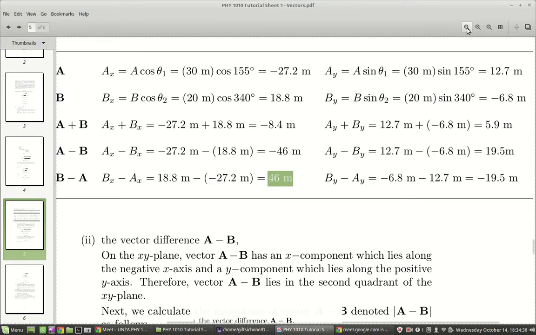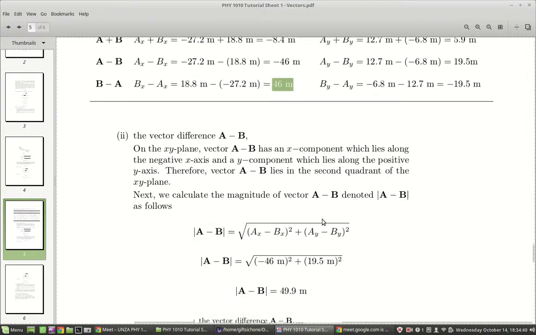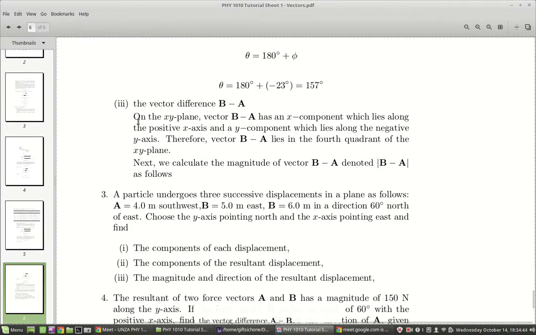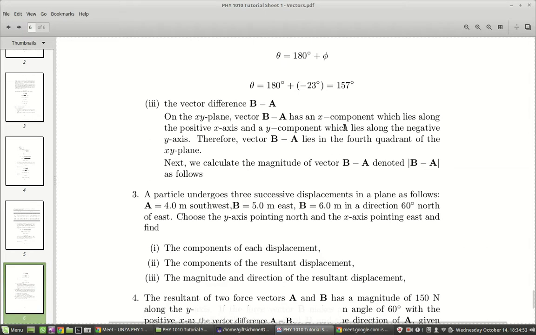So here we're saying on the xy plane, b minus a has an x component which lies along the positive x-axis, and the y component which lies along the negative y-axis. Therefore, vector b minus a lies in the fourth quadrant of the xy plane.